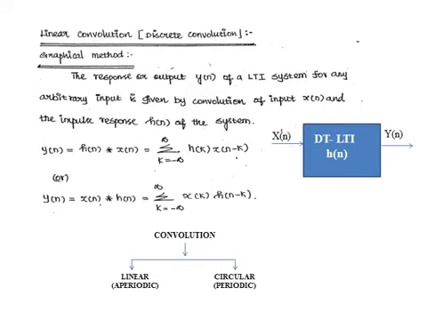Convolution is basically a mathematical operation that is performed on two different functions to produce a third function. It has many applications in various fields.